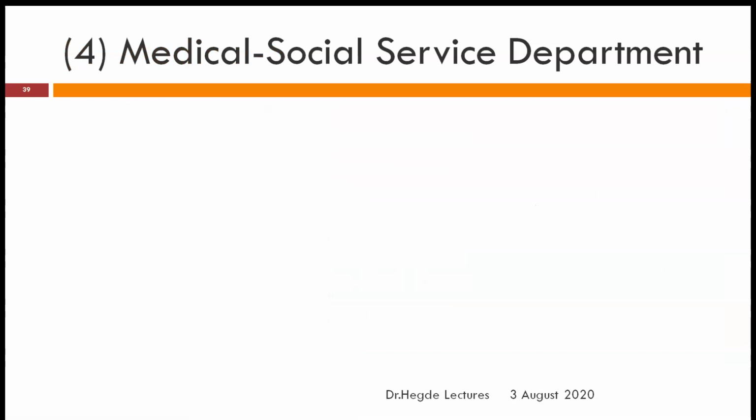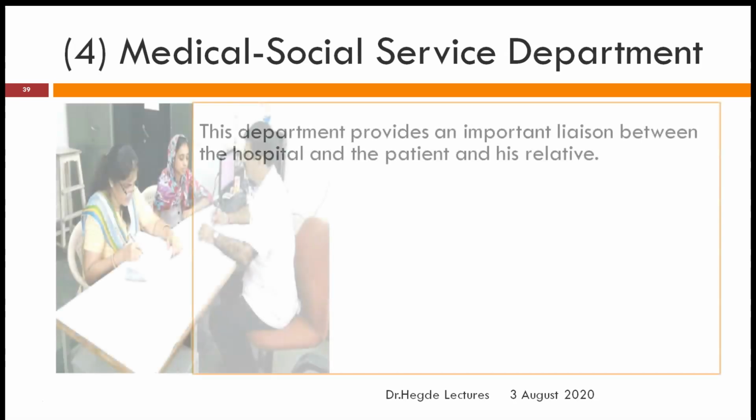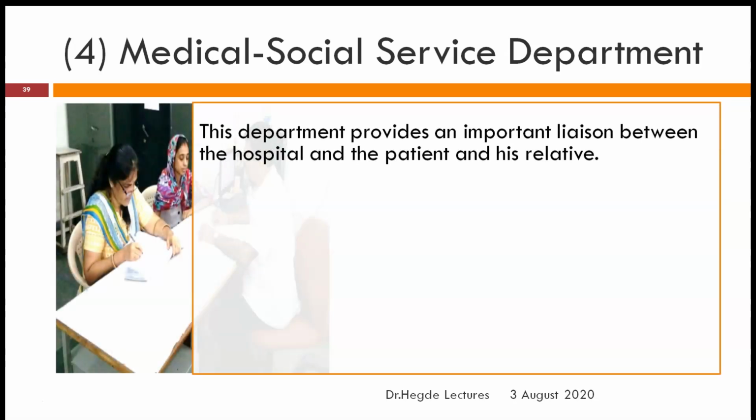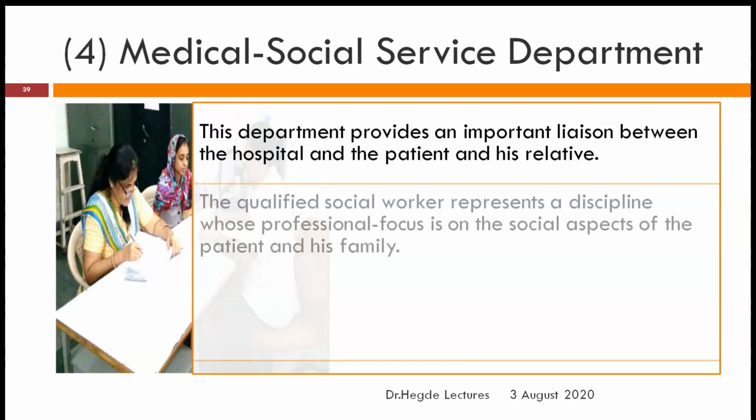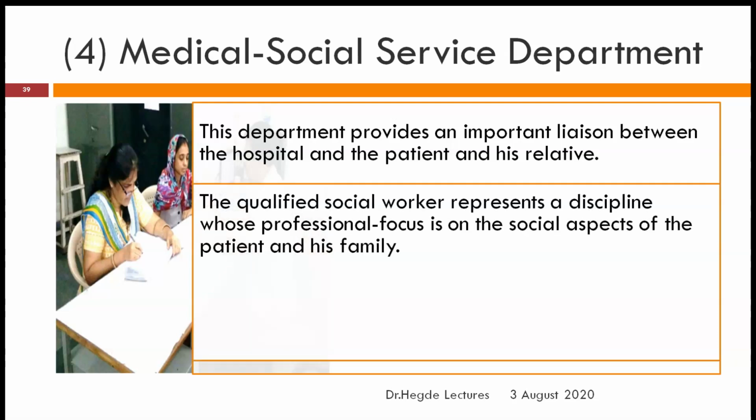Next, we shall discuss the Medical Social Service Department. This department provides an important liaison between the hospital and the patient and his relatives. They are mainly the social work departments, like the MSW, who has a graduation of Master of Social Work, and they work in coordination with the patient and the staff.